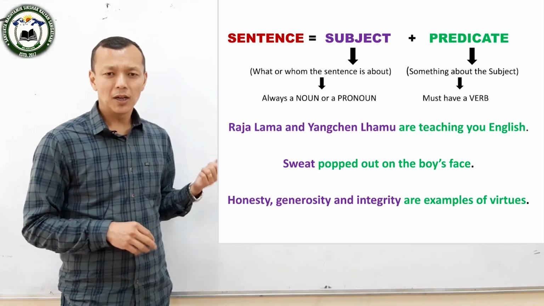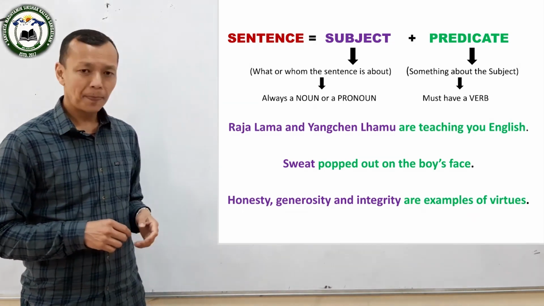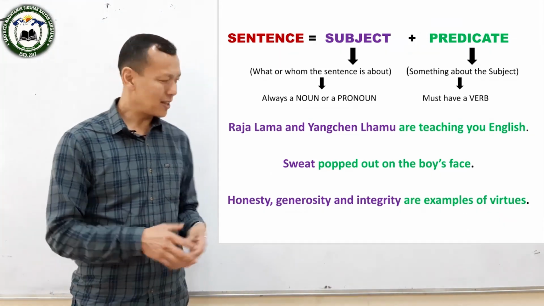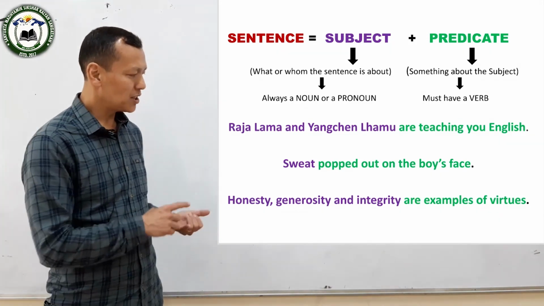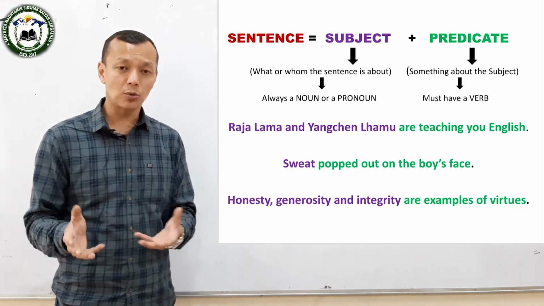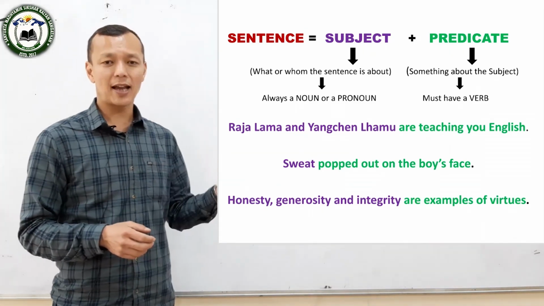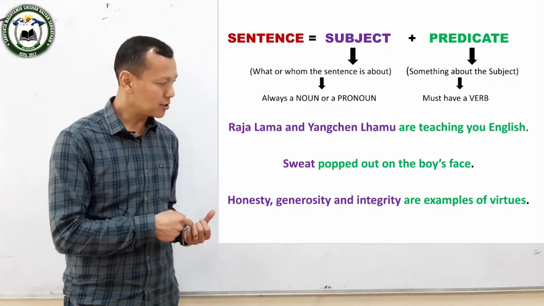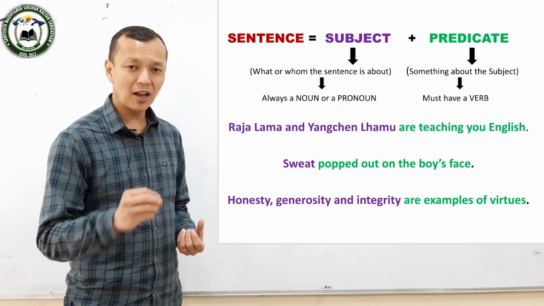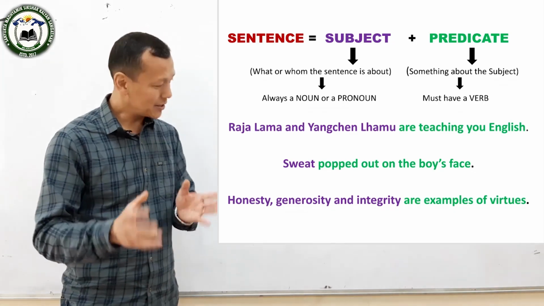It's a common noun. About third sentence ma, honesty, generosity and integrity are examples of virtues. त्यहाँनिर पनि त्यही हो. अगाडिको honesty, generosity and integrity, that is the subject part of the sentence. कसको कुरा हुँदैछ? Honesty, generosity and integrity. के भनिँदैछ त्यसको बारेमा? यिनीहरुको बारेमा के भनिँदैछ? These are examples of virtues. That is the predicate part.